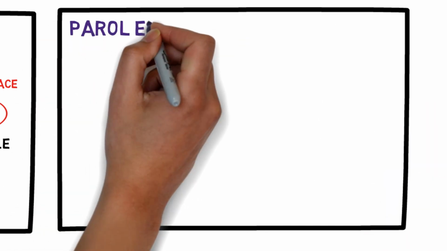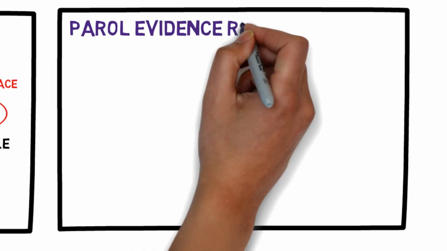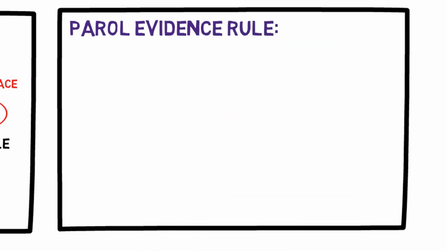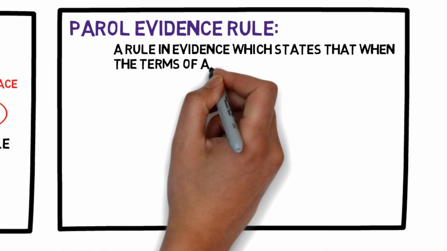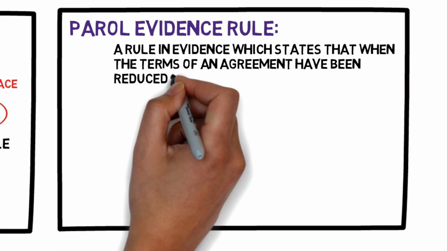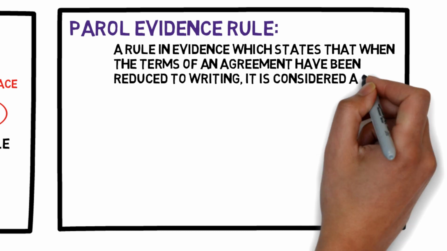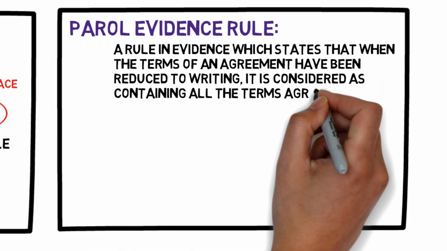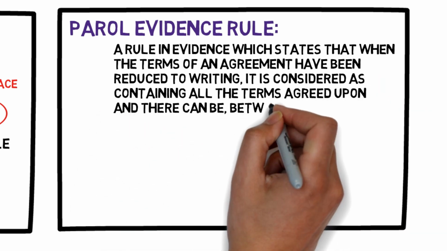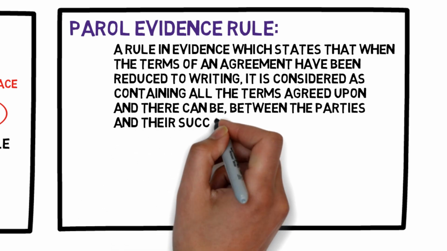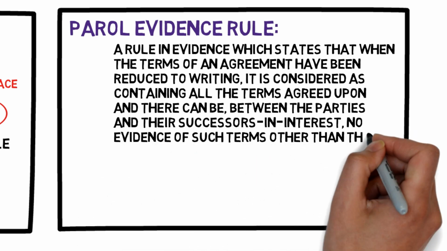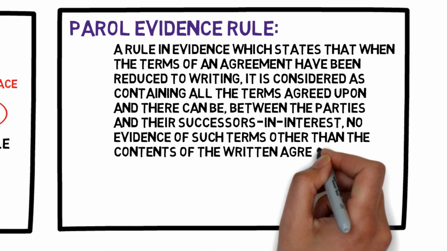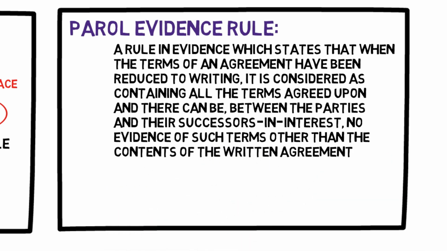Now we go to parole evidence rule. The parole evidence rule, on the other hand, is a rule in evidence which states that when the terms of an agreement have been reduced to writing, it is considered as containing all the terms agreed upon, and there can be, between the parties and their successors in interest, no evidence of such terms other than the contents of the written agreement.